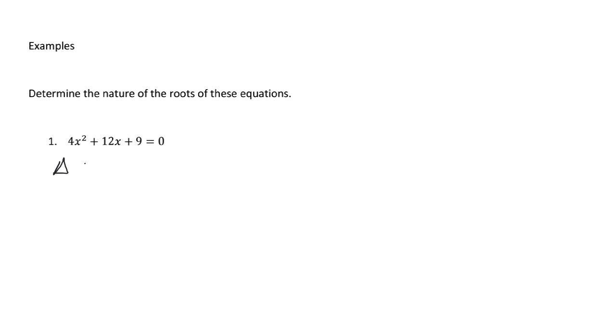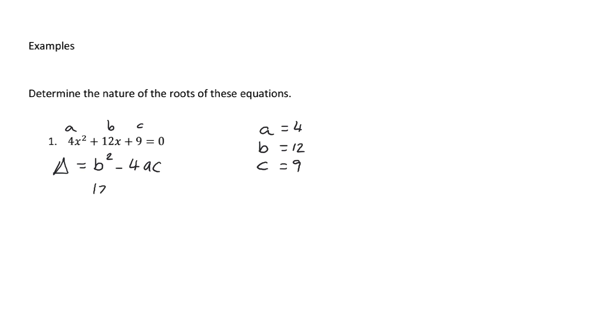So the first thing that I'm going to do is write out b squared minus 4ac. Where am I going to get a, b, and c from? Well, we're going to use some transferable knowledge from factorising and from quadratics. I'm going to get a, b, and c from my equation. So a is going to be 4, b is going to be 12, and c is going to be 9.